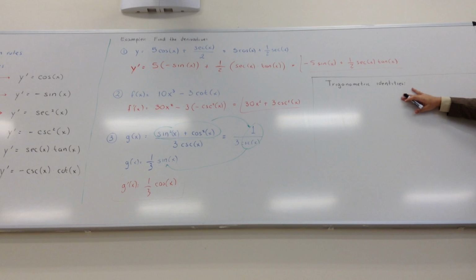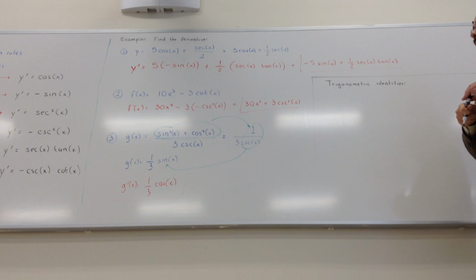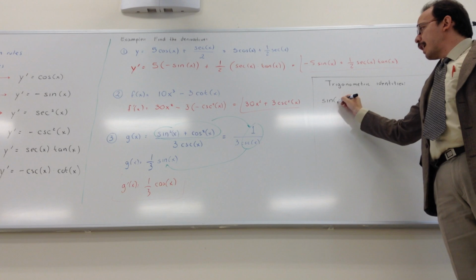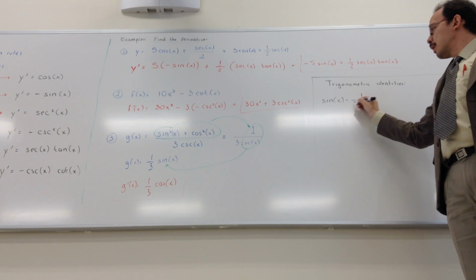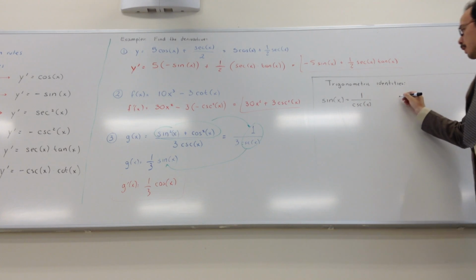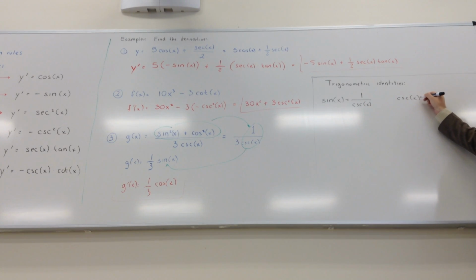Fine. Listen. In case you forgot them, I'll give you the formulas again, so you can remember them. Remember that you saw that in math. Sine of x is 1 over cosecant. Cosecant of x is 1 over sine.